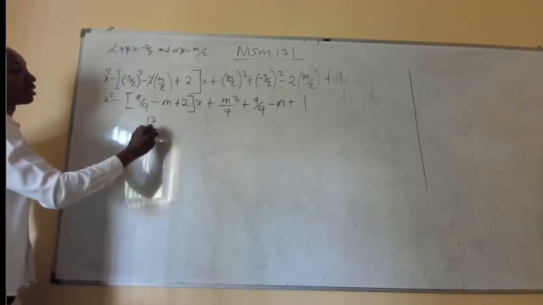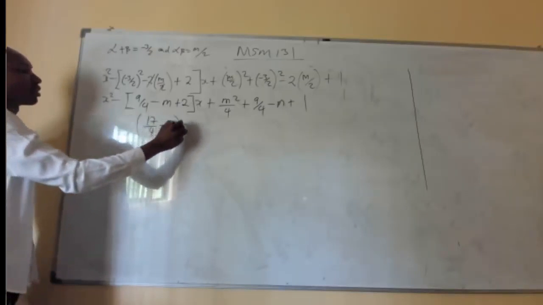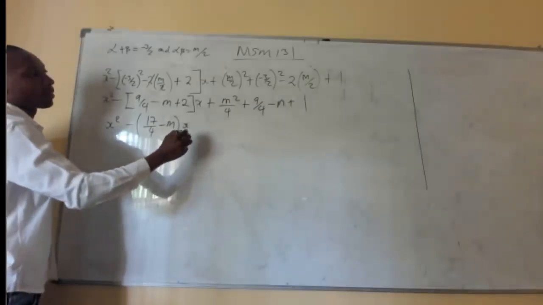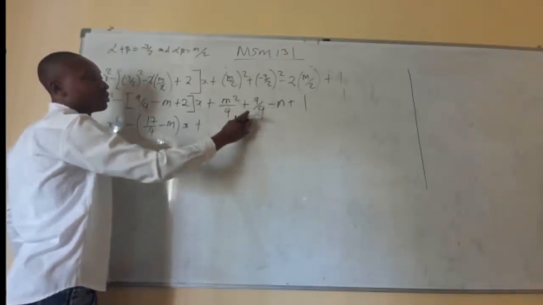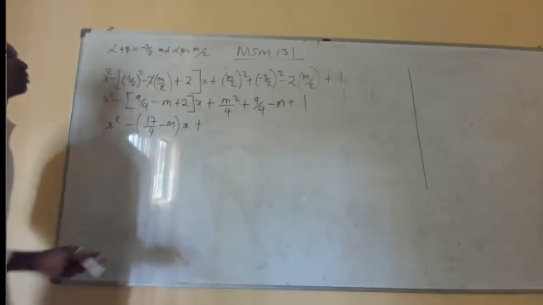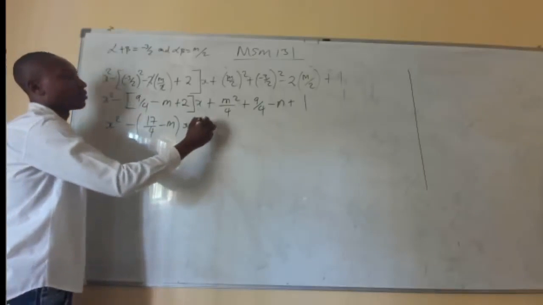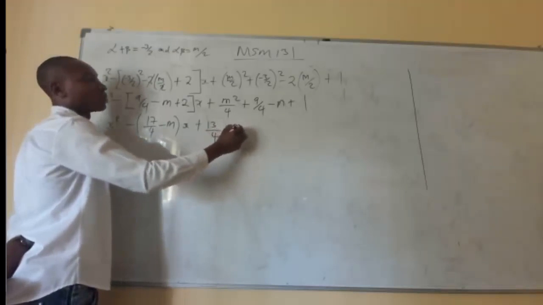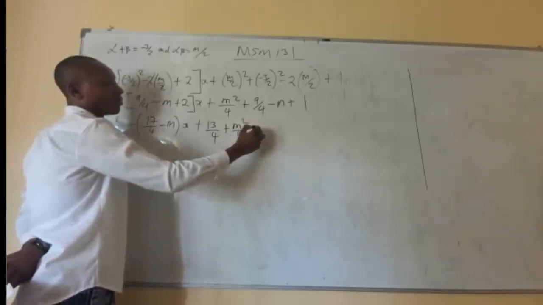Okay. Minus m. Then we have x plus 9 over 4 plus 1. Okay, so that is 13 over 4. So we have 13 over 4 plus m squared over 4 minus m.